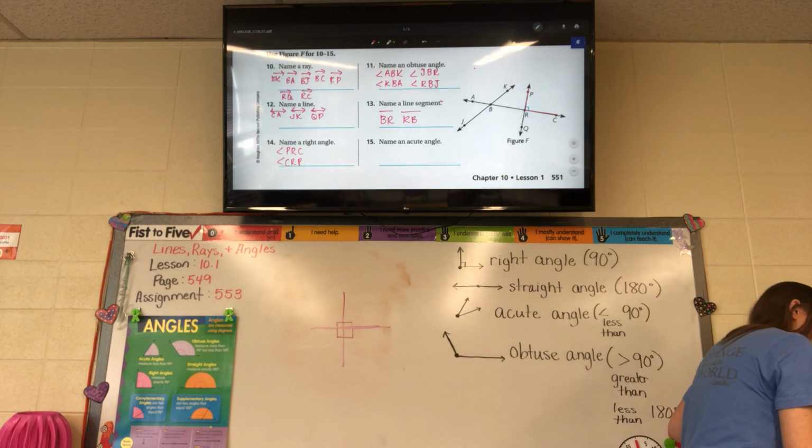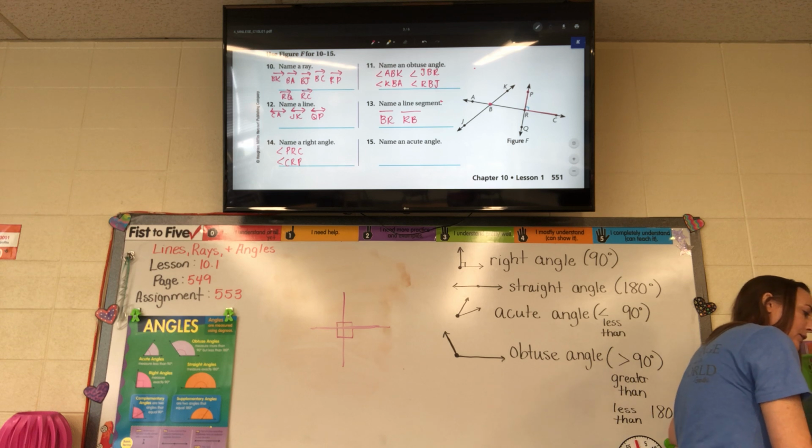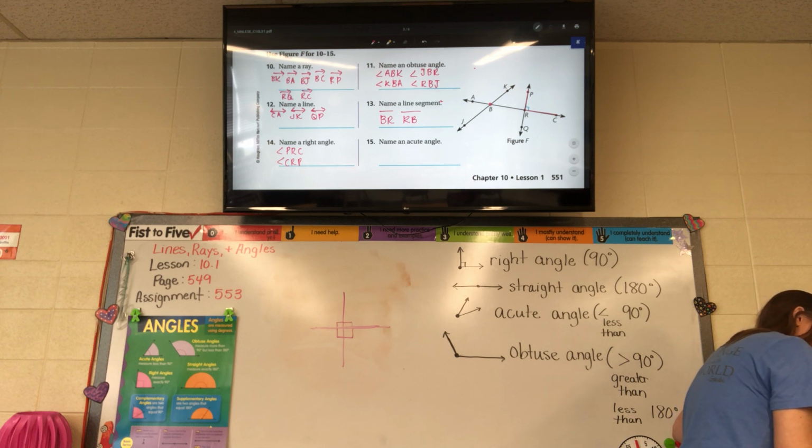Okay, and then name an acute angle. Well, we know from our discussion earlier that B is part of 2 acute angles. So we can go ABJ or JBA or KBC or CBK.